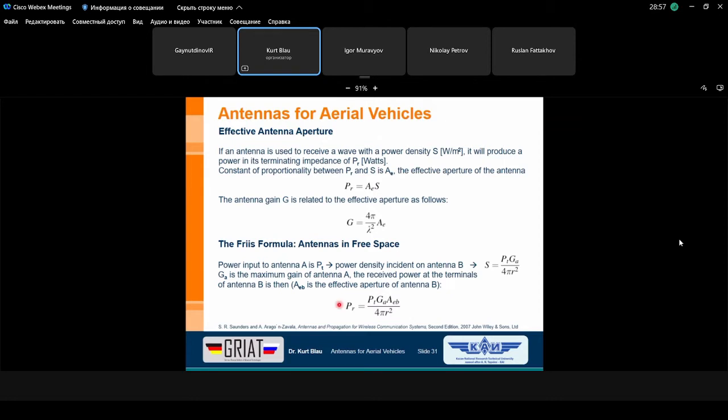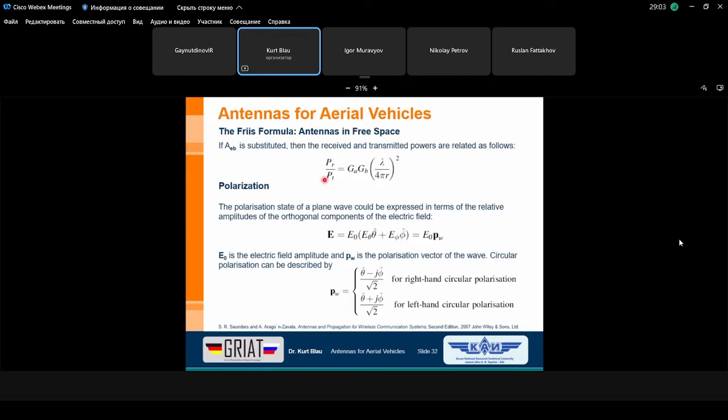One acts as a receive antenna and the other as a transmit antenna. If you look at the quotient of the receive power to the transmit power, this shows us the path loss between these two antennas, and the path loss is determined by the product of the gain of both antennas.